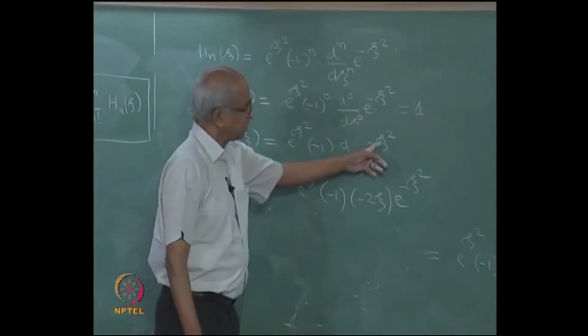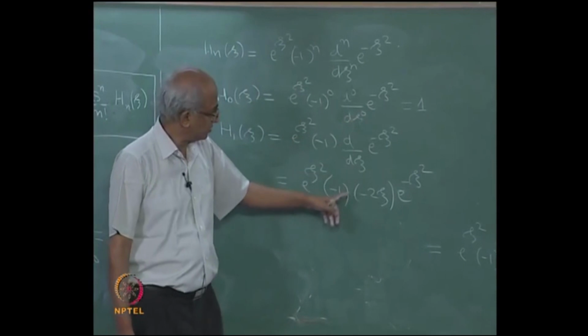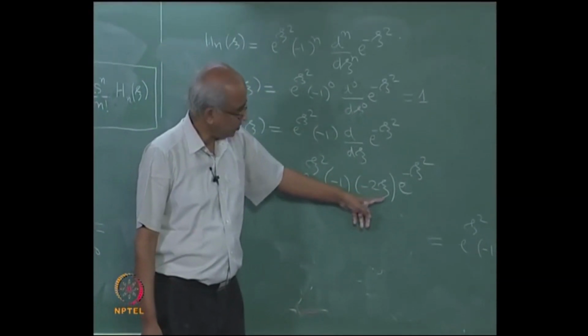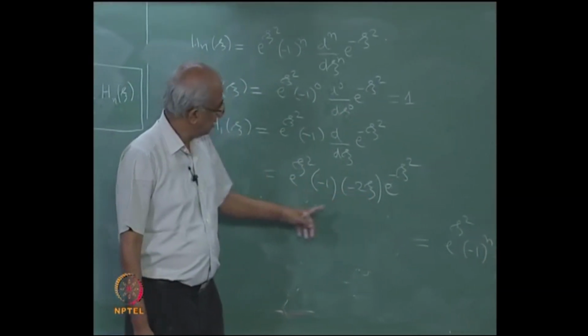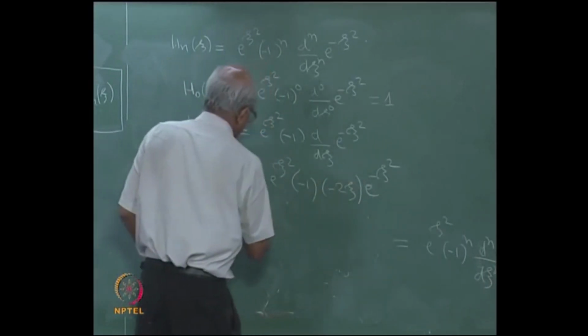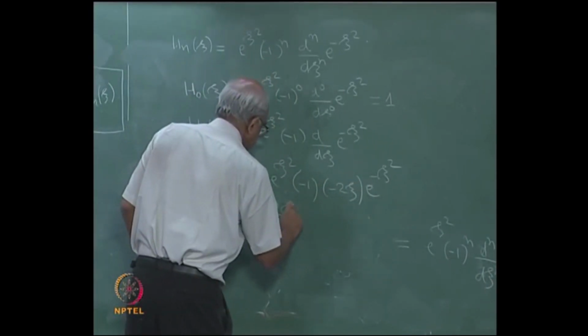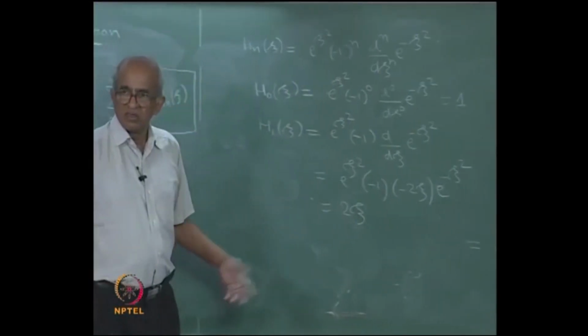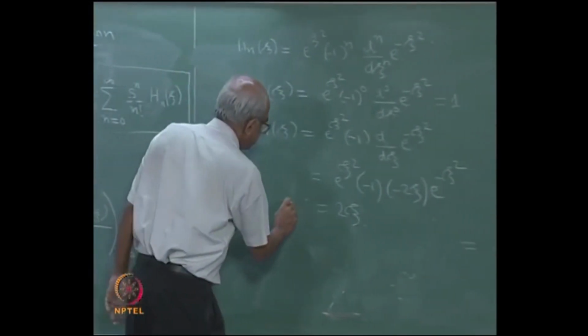You just differentiate this once, e to the power of minus c square, 1 minus 2c will come down, and this and that are going to cancel, and you will be left with just 2c. So this is your H1.